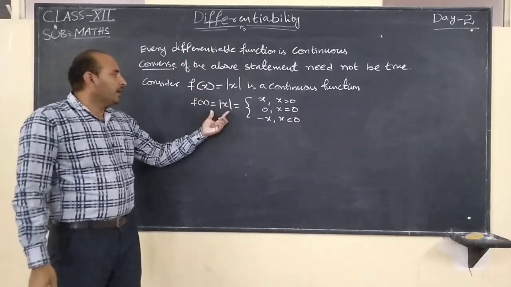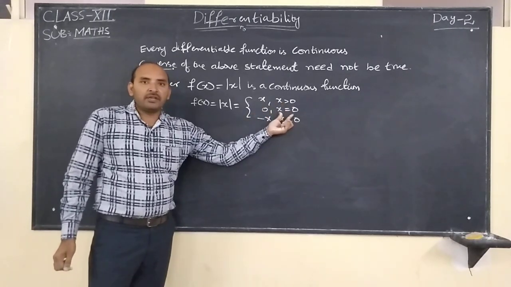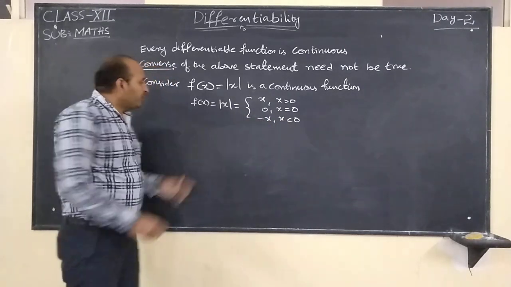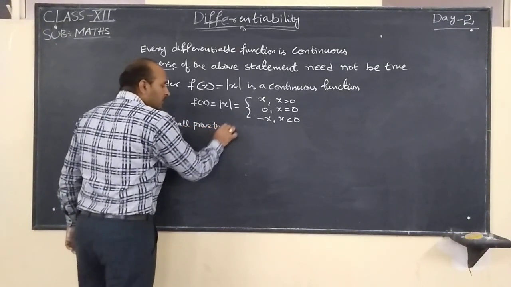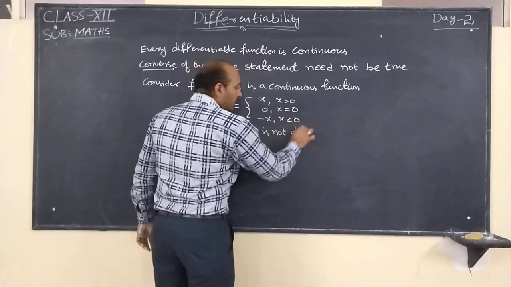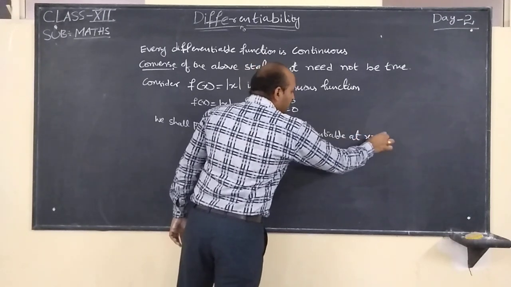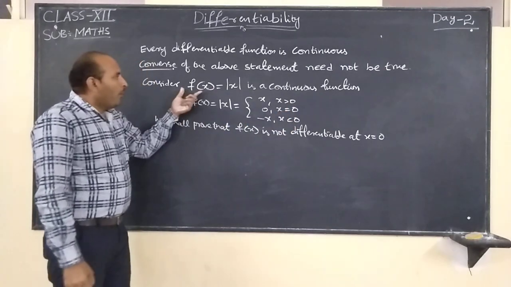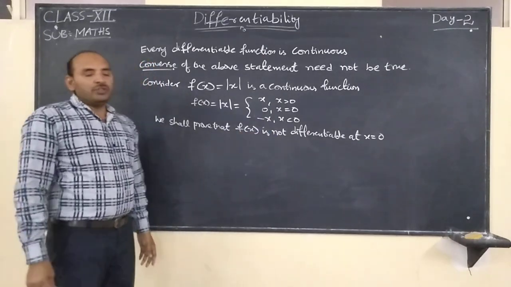We shall prove that f of x is not differentiable at x equal to 0. We are taking a continuous function and proving it is not differentiable at x equal to 0.